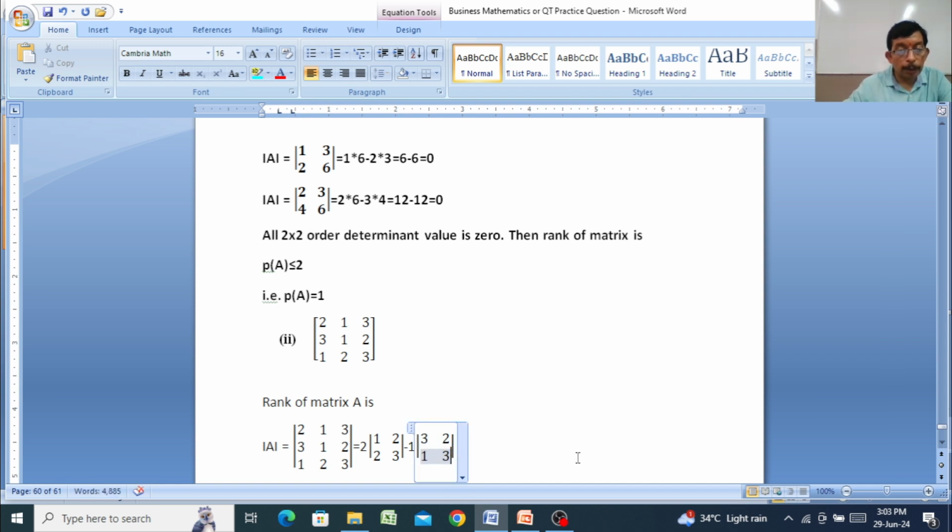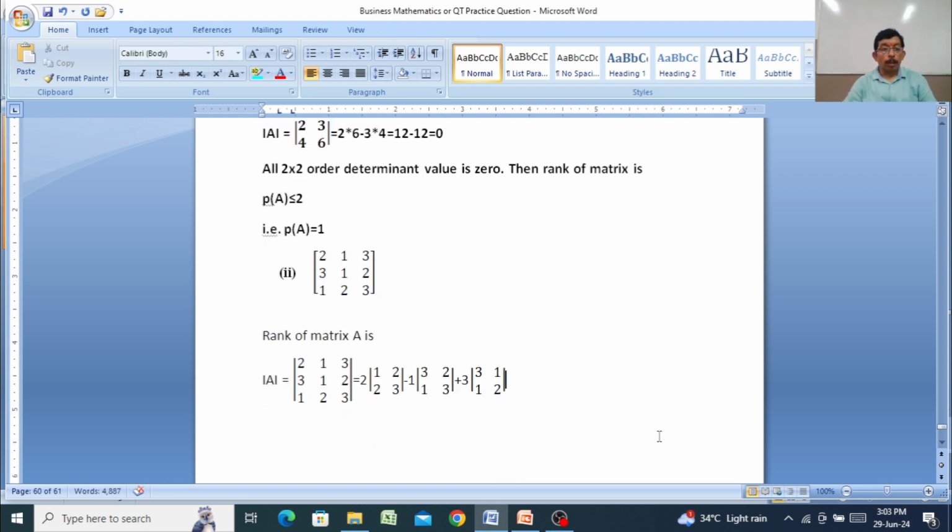Now the last element is plus 3. Now cancel out the first row, third column element. The remaining elements are 3 1 1 2. Expand the determinant according to the first row.